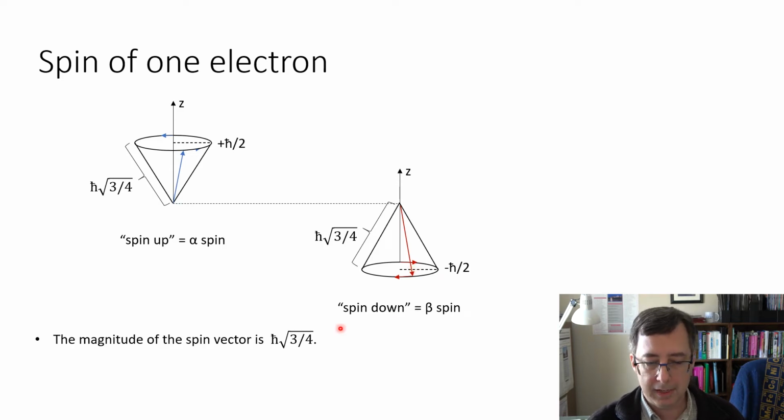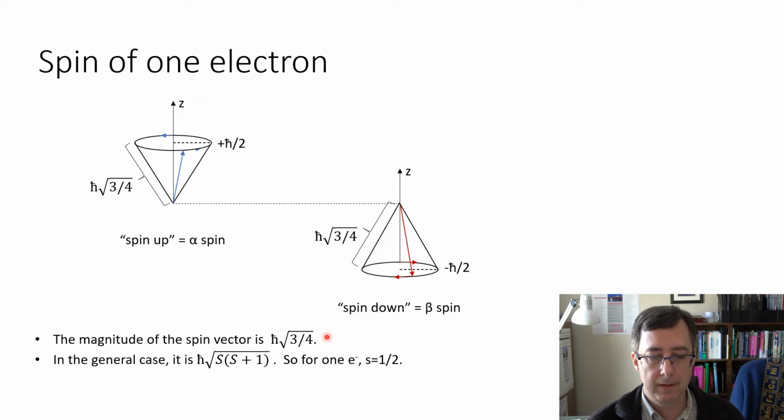So I already mentioned the magnitude, and I'll connect that to a general formula. Here we go. In general, for a spin angular momentum, the length of the vector that you can consider precessing around the z-axis is h bar times the square root of s times s plus 1, where s is a spin quantum number, and that has to be either an integer or a half integer.